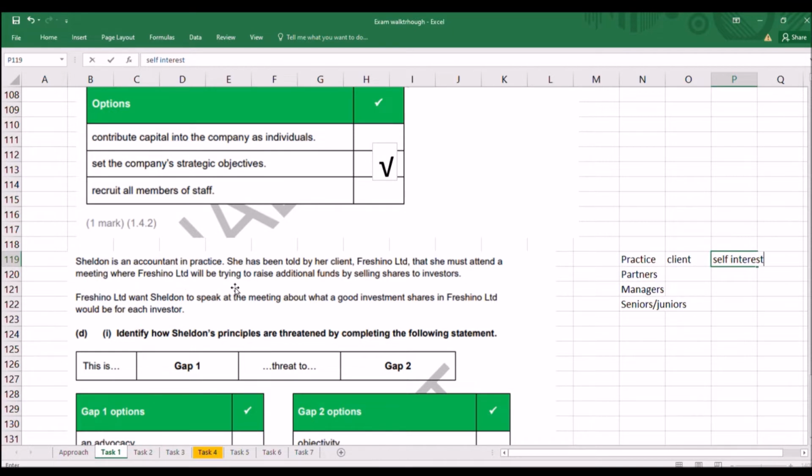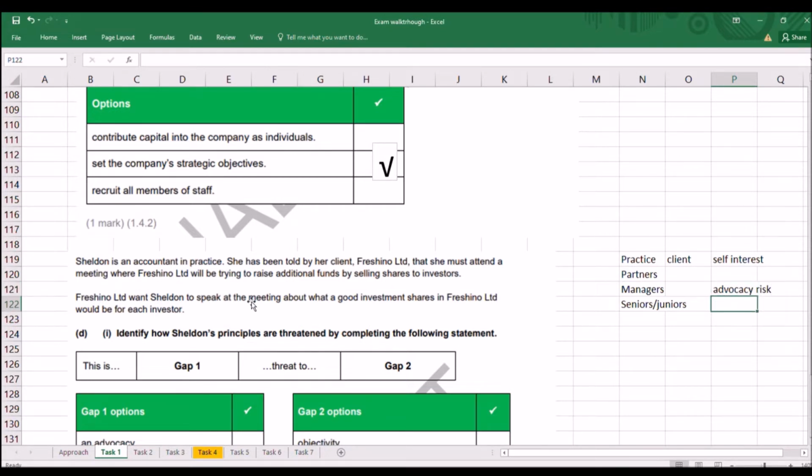Oh, okay. We're trying to raise additional funds by selling shares to investors. Freshno Limited wants Sheldon to speak at the meeting about what a good investment. All right, okay. Advocacy risk here.